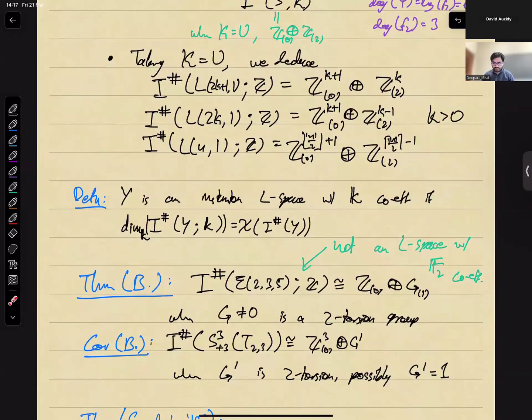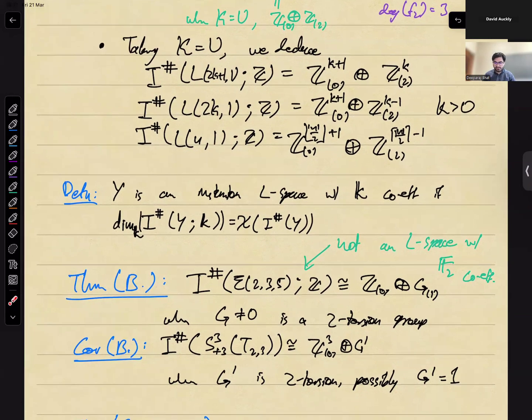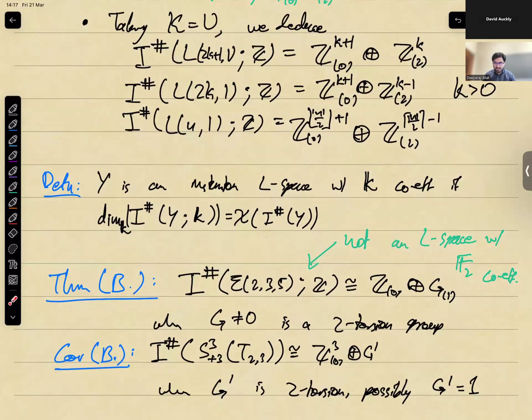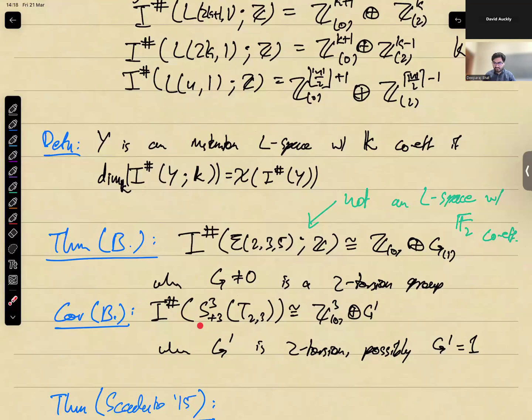And I just want to point out one other thing that falls out of the proof of this, which is that for the +3 surgery, we're able to say that the torsion, if there is any, has to be two torsion. This is two torsion in the sense of group theory, so some power of two kills your finite group.